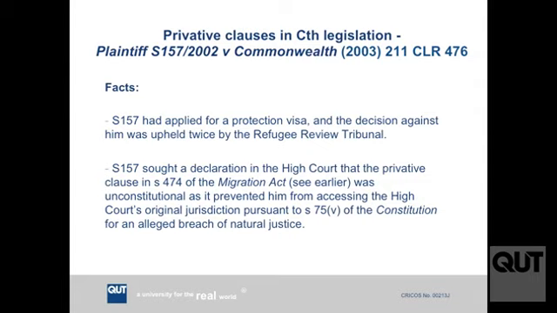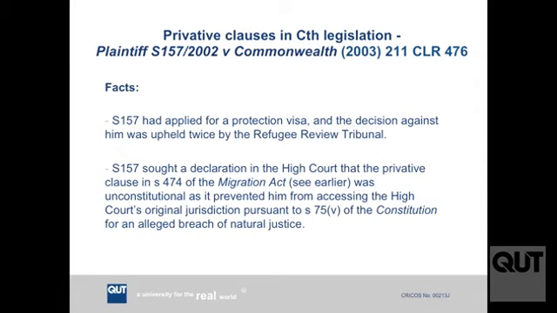After the second decision of the tribunal upholding the rejection of his visa application, S157 sought a declaration in the High Court that the privative clause in Section 474 of the Migration Act, which we looked at before, was unconstitutional as it prevented him from accessing the High Court's original jurisdiction pursuant to Section 75(5) of the Constitution.